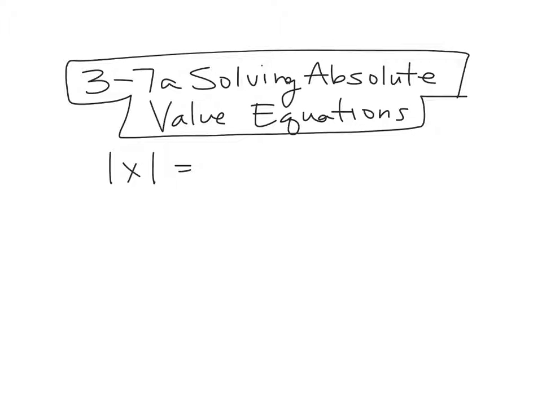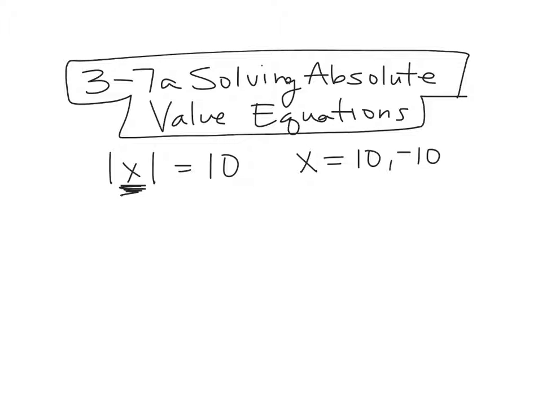If I say the absolute value of x is 10, for instance, your options for what could go here are 10 and negative 10. In other words, what is 10 units away from 0? If you go to the left, you get a negative 10. If you go to the right, you get a positive 10. So absolute value is just taking the positive and the negative value for that variable.